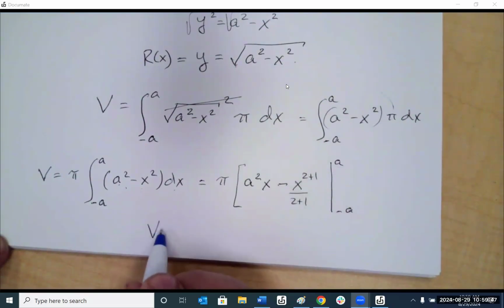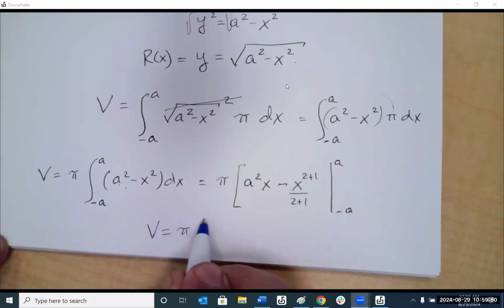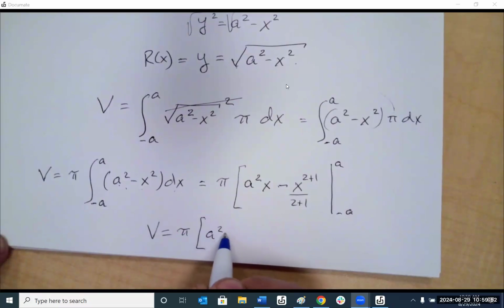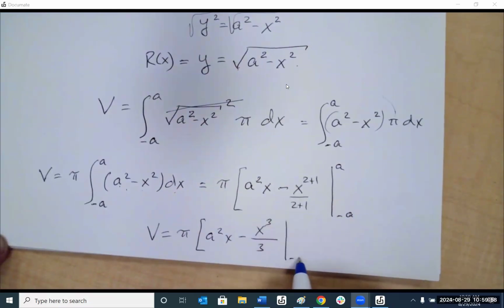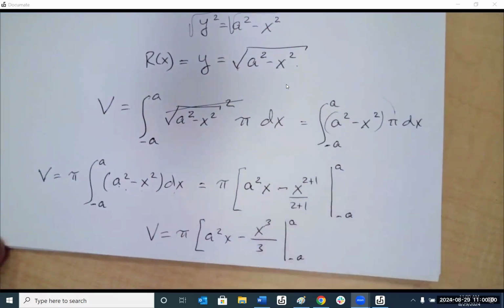So that becomes pi times (a squared x minus x cubed over 3) from negative a to a.